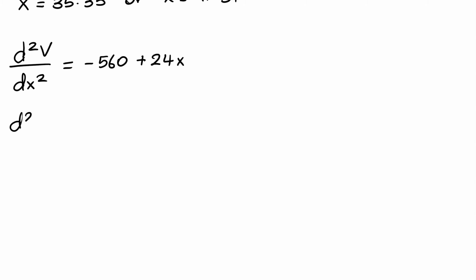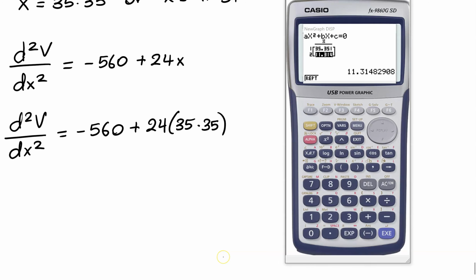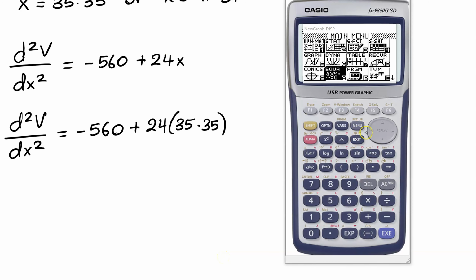So I've got d squared v over dx squared, negative 560 plus 24 multiplied by 35.35. You notice I've rounded this to 2dp. The more decimal places, the better, but just for this example, I'll go to 2dp. It's easier. I'll go to my calculator.